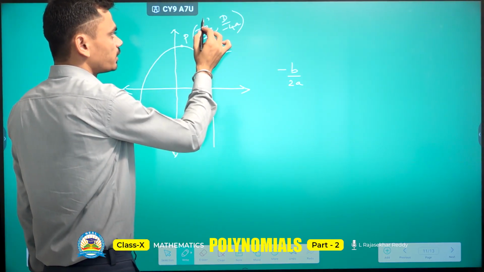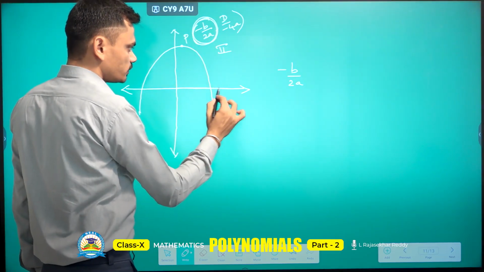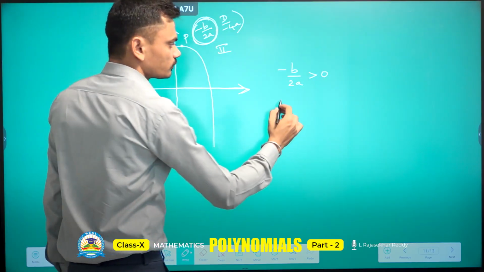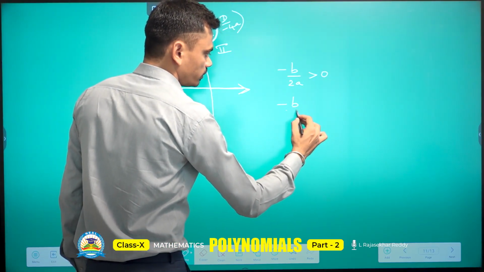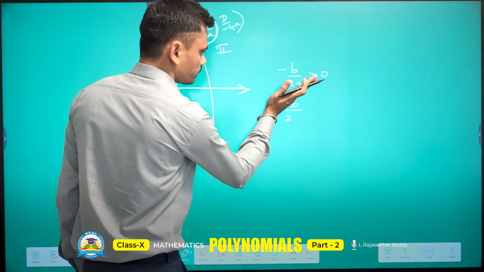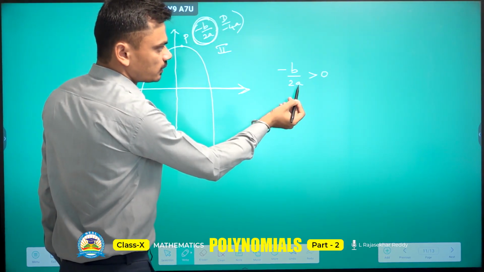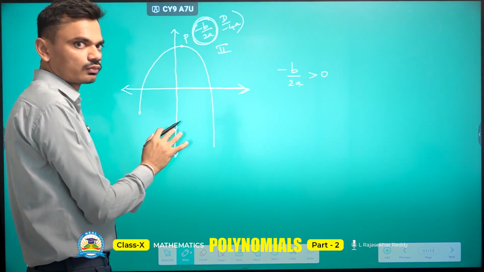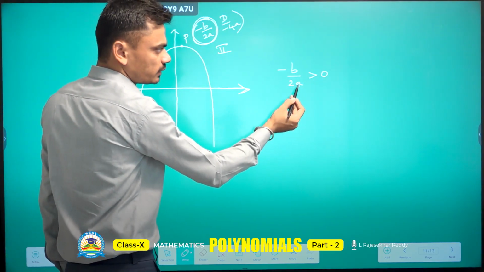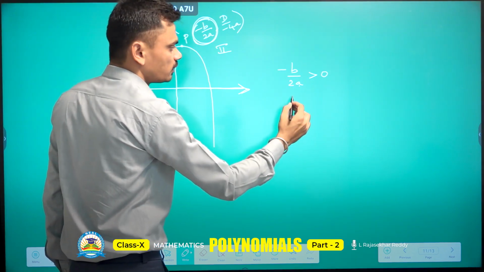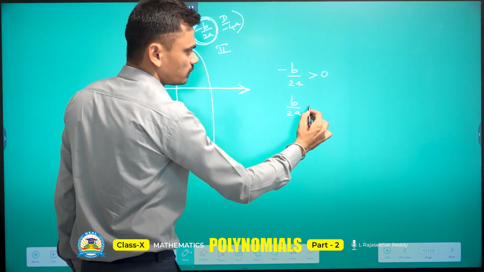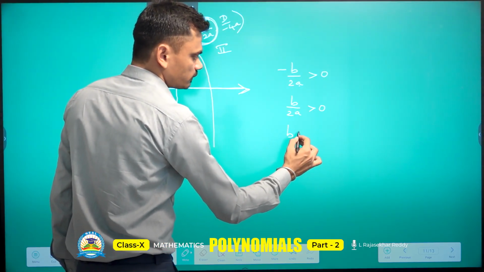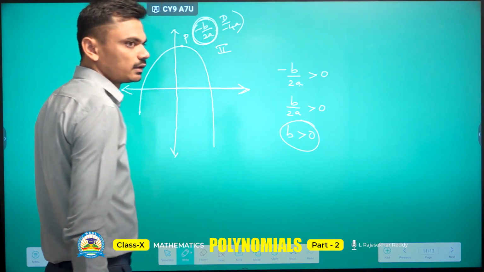So in the second quadrant x coordinate is positive, so minus b by 2a is greater than 0. See here a is negative because the curve is open downwards. So if a is negative, here minus gets cancelled, b by 2a greater than 0. Okay, so b is greater than 0, like that.